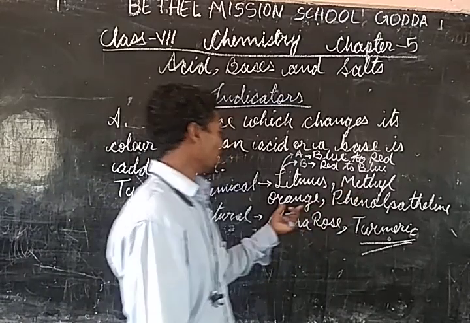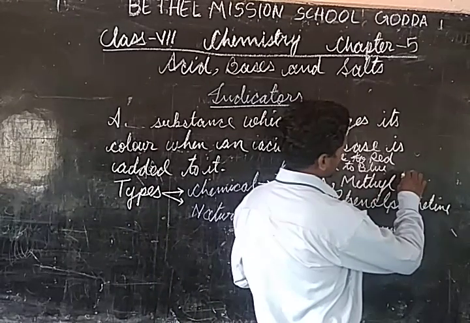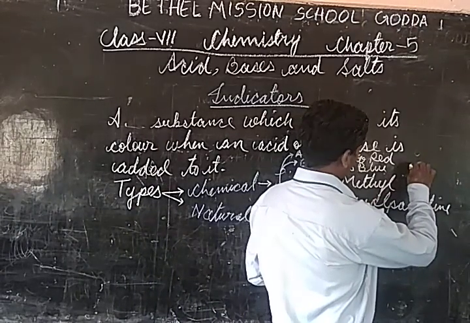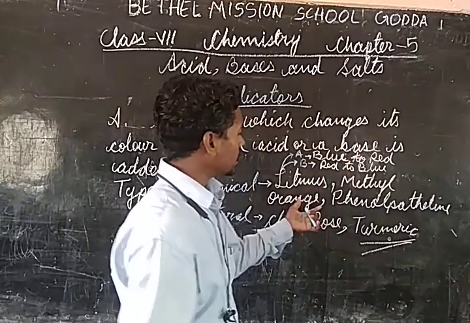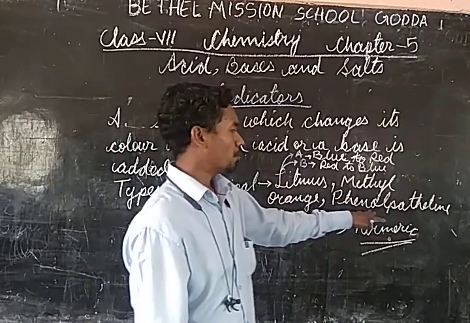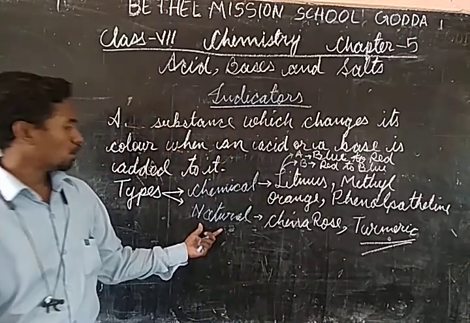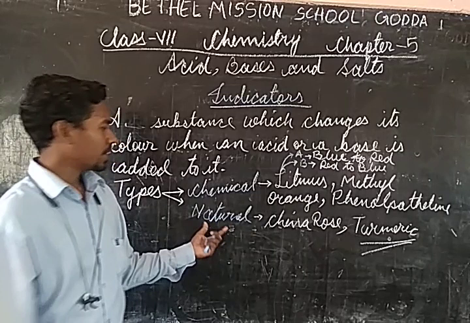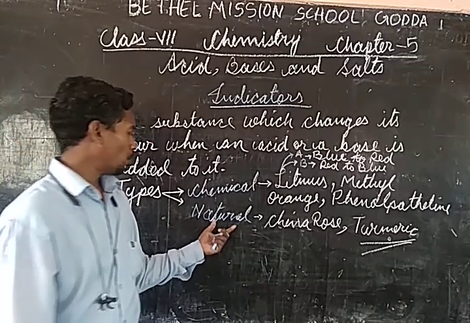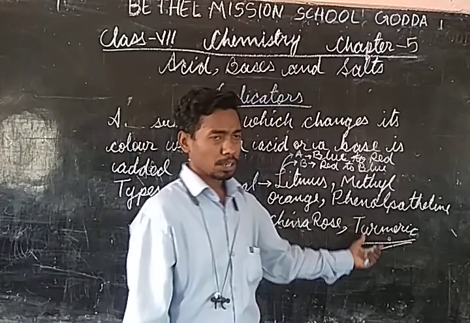Similarly, when methyl orange is added to an acid or a base, it also changes its color, and so does phenolphthalein. Now we go to natural indicators. Some of the very popular natural indicators are China rose and turmeric.